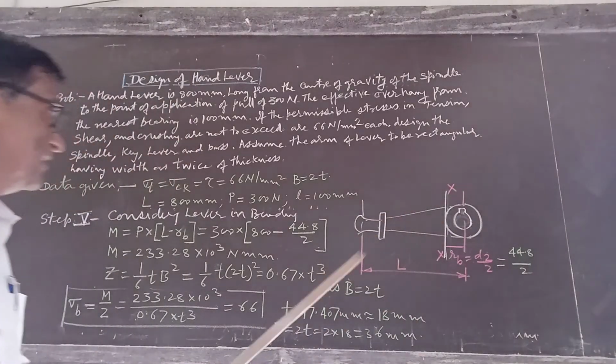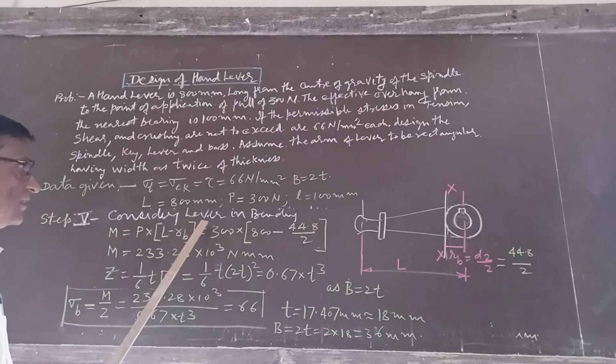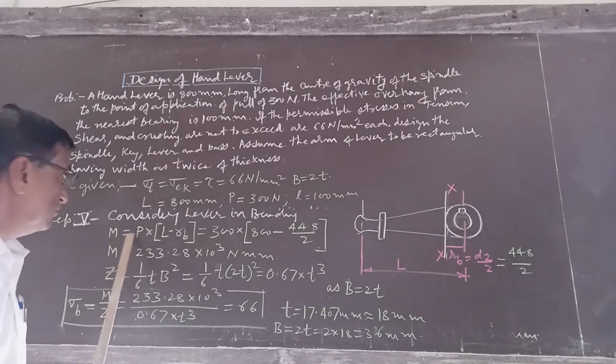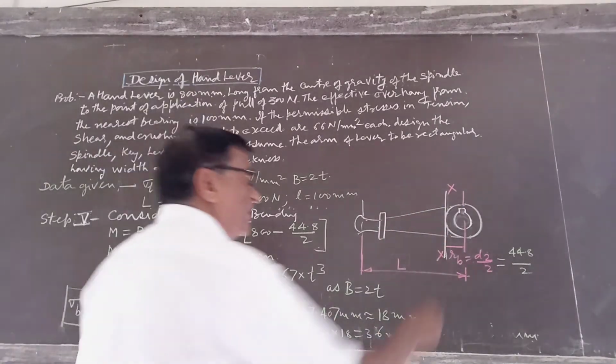Now we will calculate the dimensions of the lever considering the lever in bending. The bending equation is given by sigma b is equal to M upon Z. So we will calculate the value of bending moment M at this section XX.